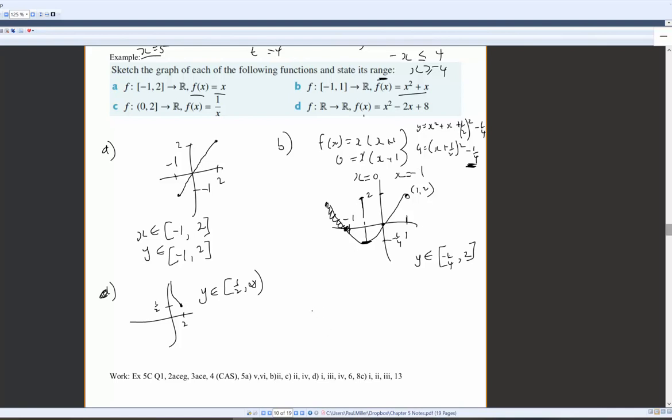So let's just do that. y equals x squared take 2x plus 8. y equals x squared take 2x, halve it, square it, 1 squared, take 1 plus 8. y equals x take 1 all squared plus 7. So the point 1, 7 is its turning point, and it's going to continue up from there. So the range, y is an element of: lowest value is 7, highest value is positive infinity.